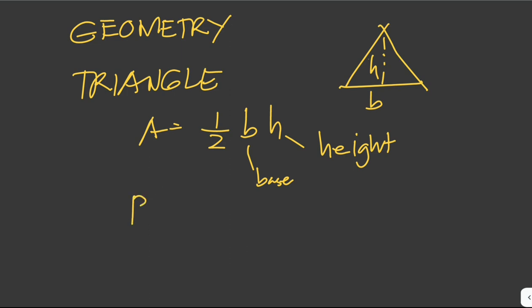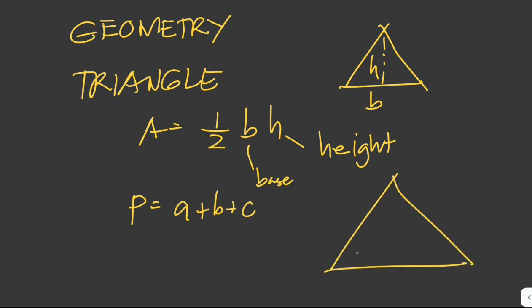Then the perimeter is the sum of all of the sides, A plus B plus C. And then for the angles in a triangle, the sum of the 3 angles is equal to 180 degrees. Say this is our triangle, this is angle 1, angle 2, angle 3. So the sum of the measures of angle 1, angle 2, angle 3 is equal to 180 degrees.